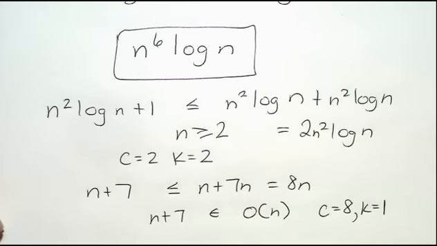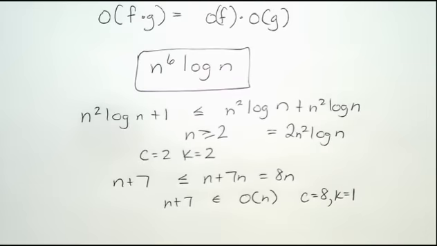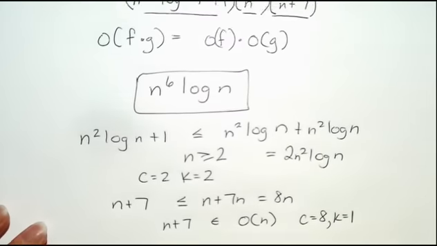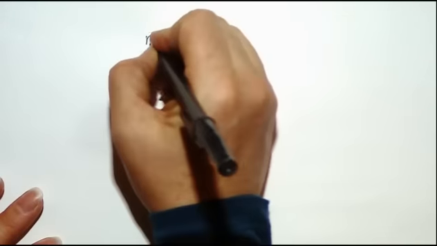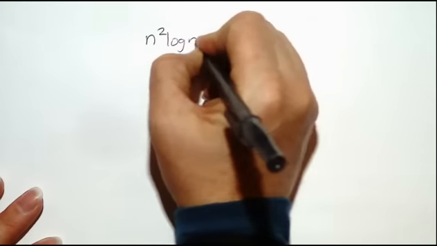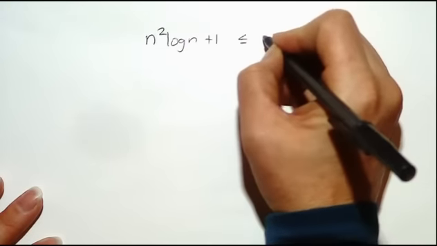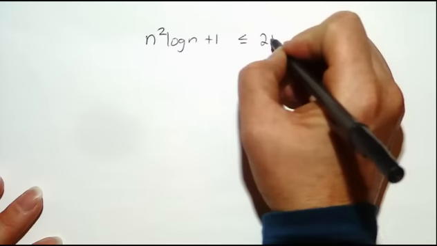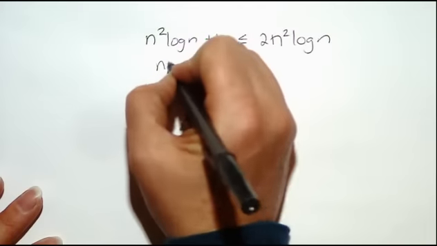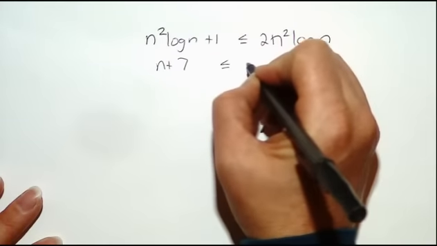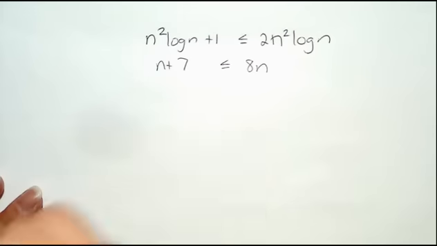So now let's just show an example of why all of this works. So I'm going to write out. So we have n squared log n plus 1 is less or equal to 2n squared log n. And we have n plus 7 is less or equal to 8n.